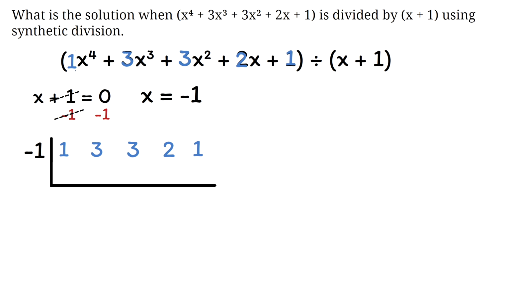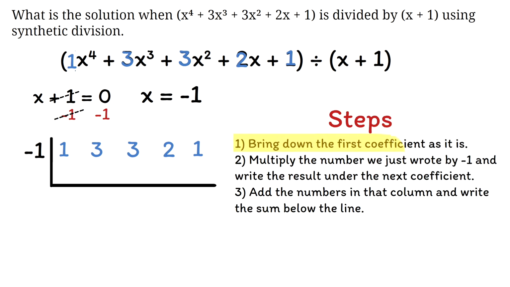Now, to perform the synthetic division, we follow the same 3 steps. Step 1. Bring down the first coefficient as it is. Here, the first coefficient is 1, and since there is nothing to add to it, we bring it down as it is. Step 2. Multiply the number we just wrote by minus 1 and write the result under the next coefficient.